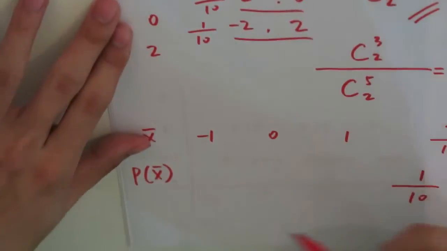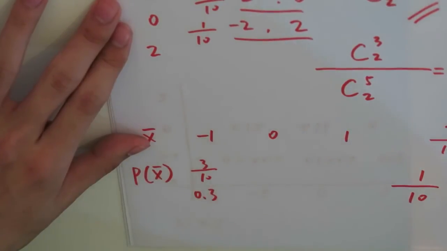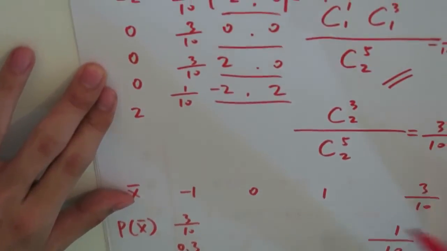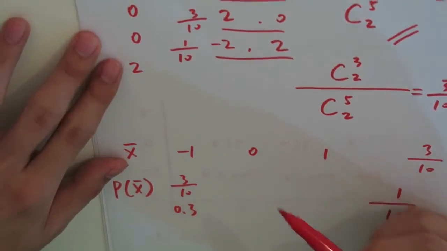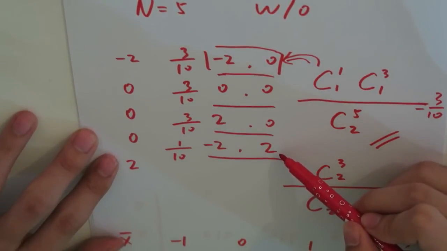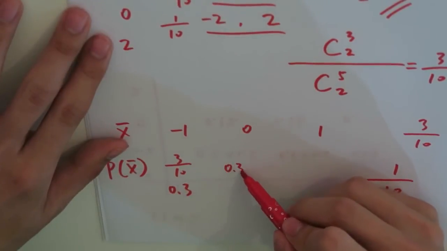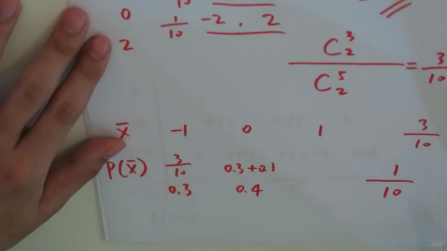Okay, so the probability will be 3/10, that is just 0.3. Okay. For the second value, 0, we can get it from the second sample and the fourth sample. Okay, so that is 0.3 plus 0.1, that is 0.4.